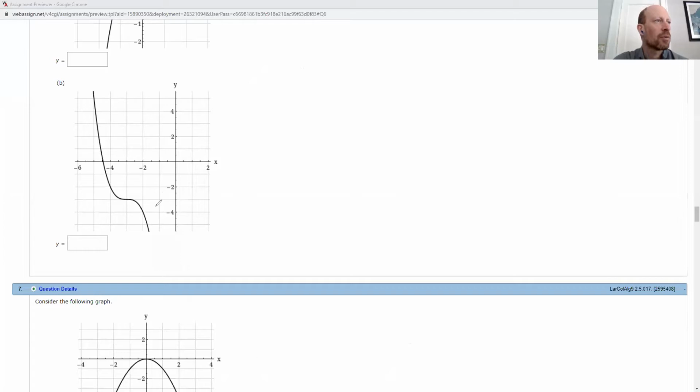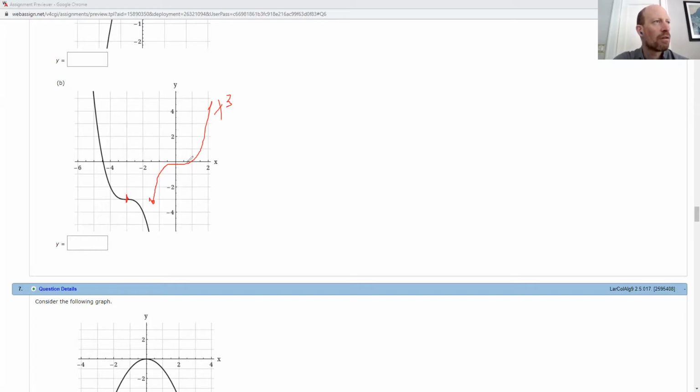So x cubed would look like that function. So the question is, how can you take that base function x cubed and shift it and move it around till it looks like this function here?